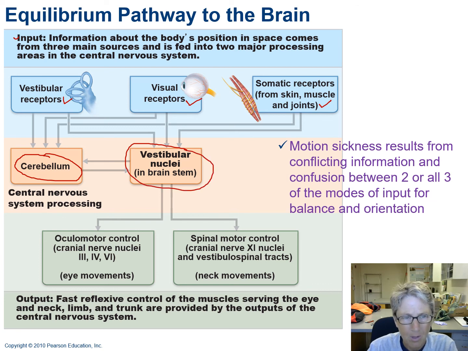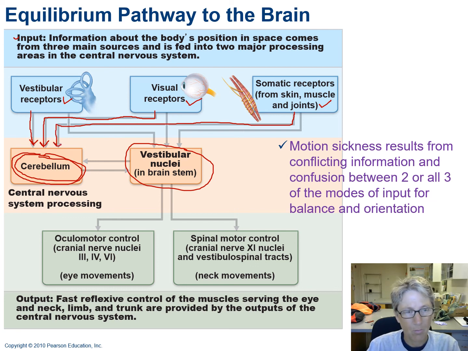So for example, you can see information going into the cerebellum comes from your vestibular receptors. Information about where your body is in space comes from visual receptors, and information also comes from your proprioceptors in your muscles and joints, and then other receptors in the skin.